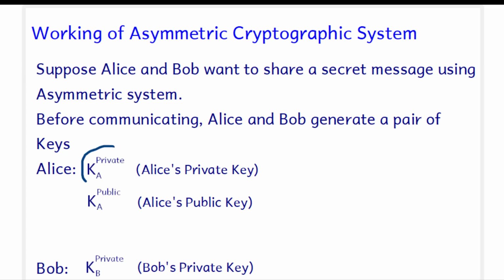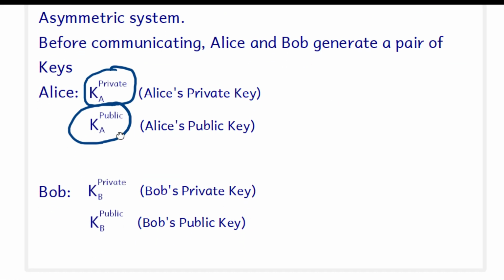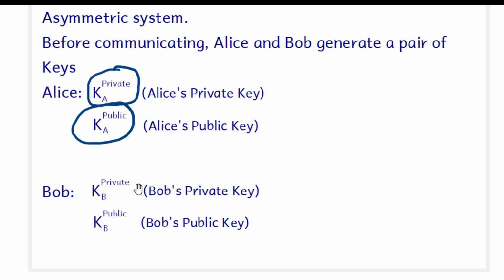In this example, KA private is Alice's private key, and KA public is Alice's public key. Similarly, Bob also uses an algorithm and generates his own private and public key pair. This is Bob's private key and this is Bob's public key.